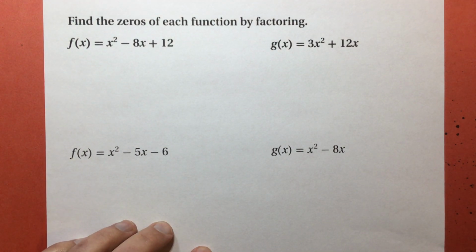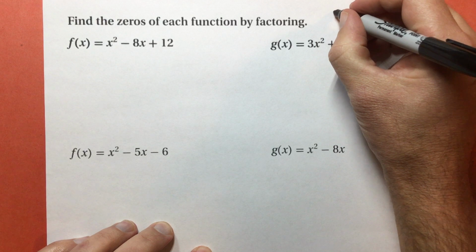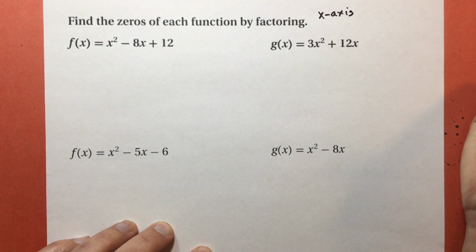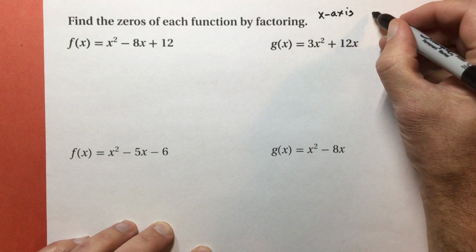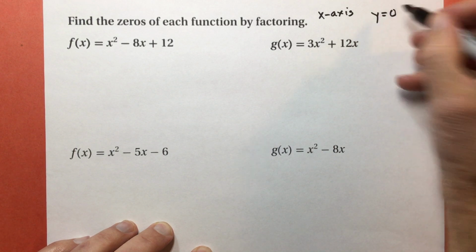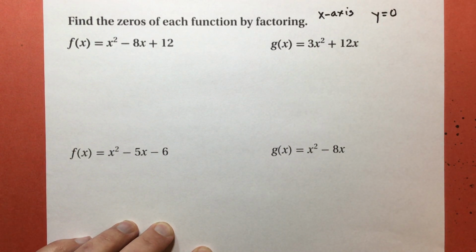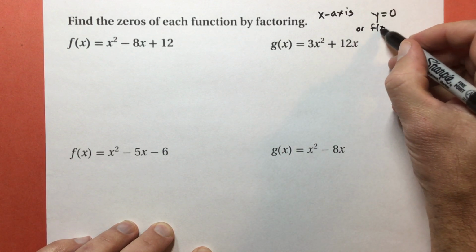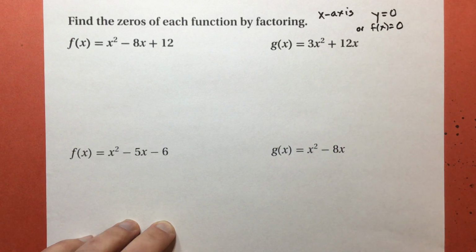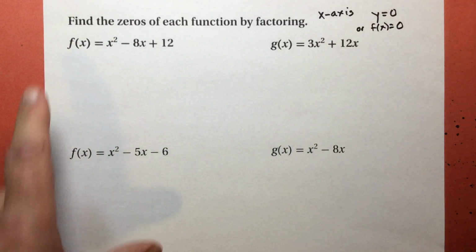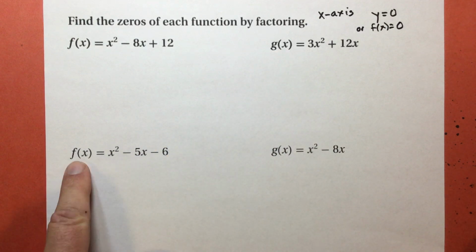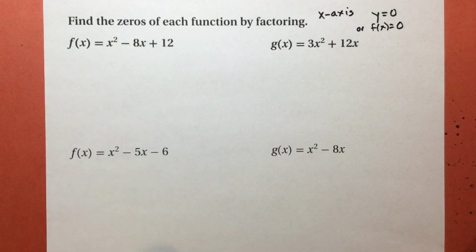The equation of the x-axis is y equals 0, or that's where the function f of x equals 0. So each time I'm going to let that equal 0. These are all going to get replaced by 0.